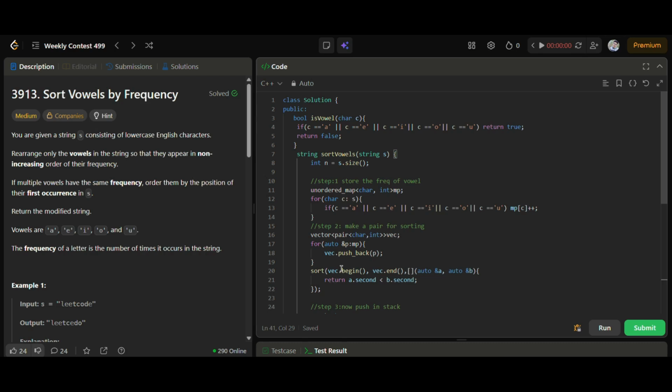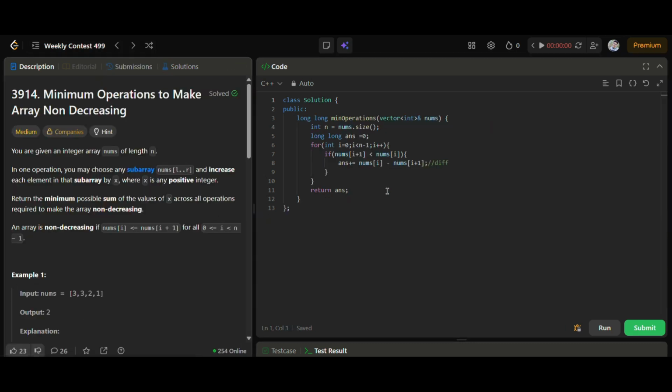And the easiest question is the third question. Minimum operations to make array non-decreasing. You are given an integer array nums of length n. In one operation, you may choose any subarray from nums, left to right, and increase each element in that subarray by x, where x is a positive integer.